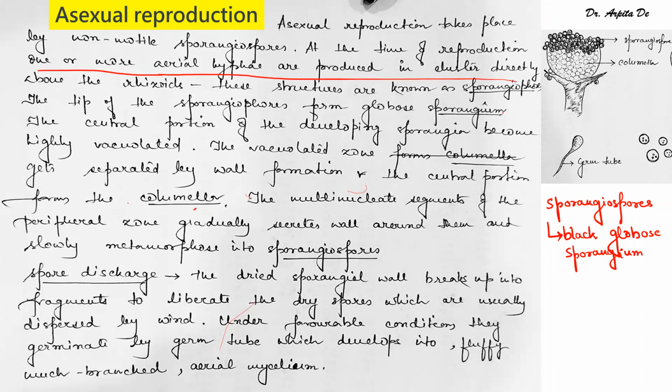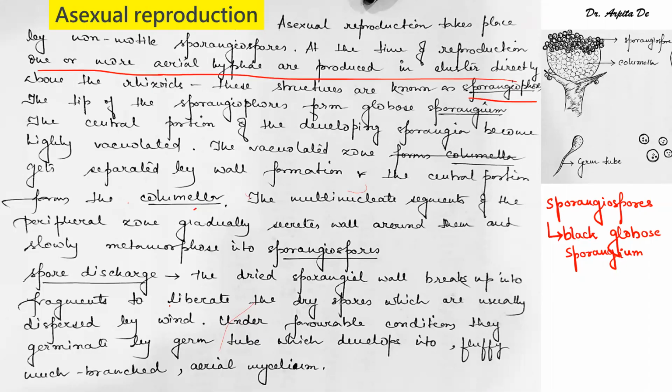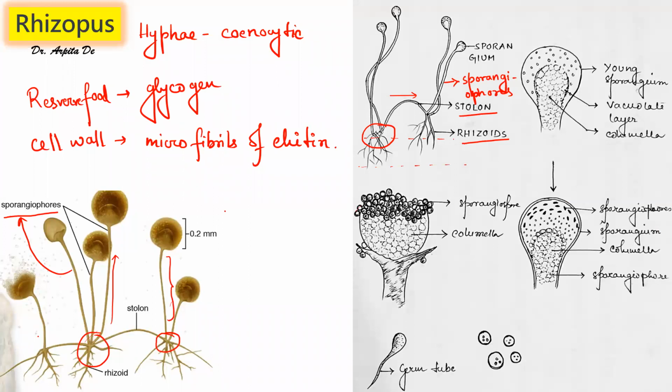These structures are known as sporangiophores, which we were just discussing. See, it can be one or more. Here you can see one. Here you can see more than one. 1, 2, 3. Here you can see 2.